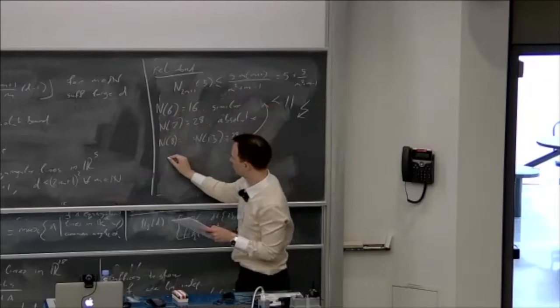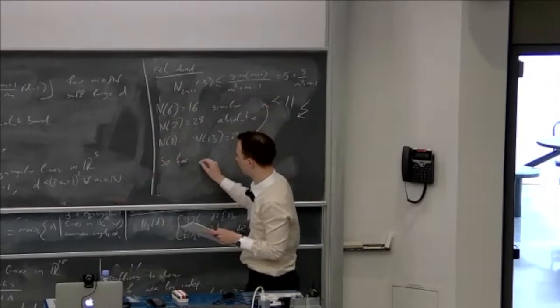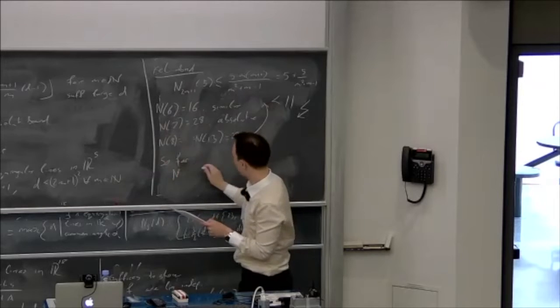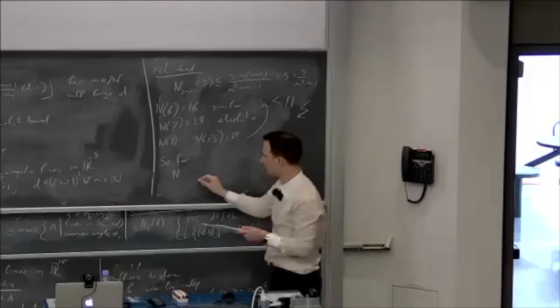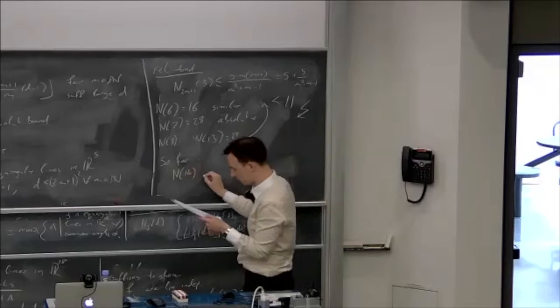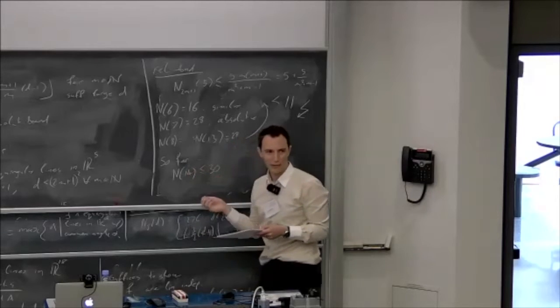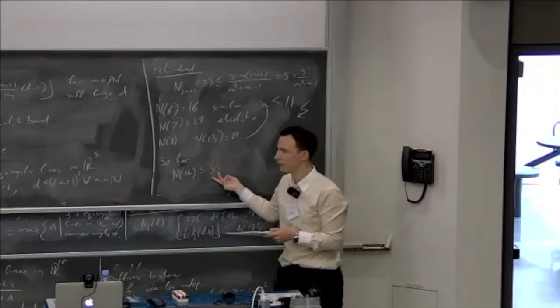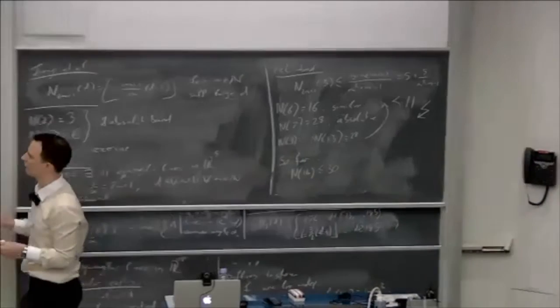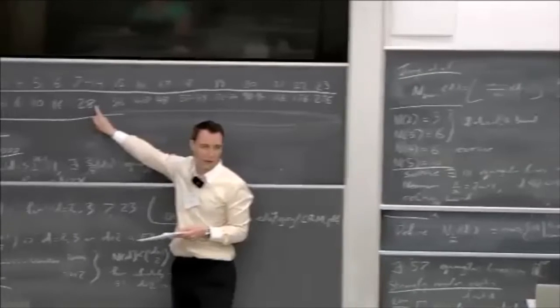So at this point, if we continue to n of 14, we won't be able to show that n of 14 is 28. All we can say at this point, using the theory we have so far, is that it's at most 30. But in our table, you'll see that n of 14 should be 28.